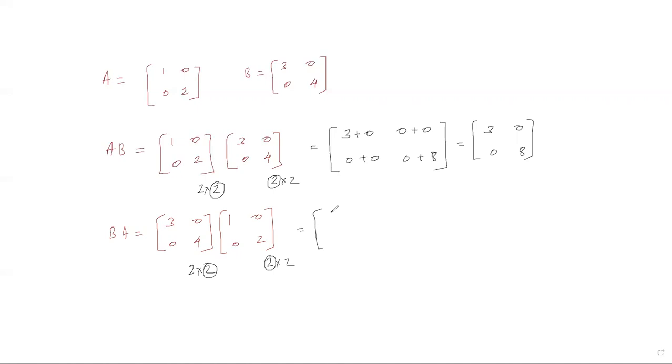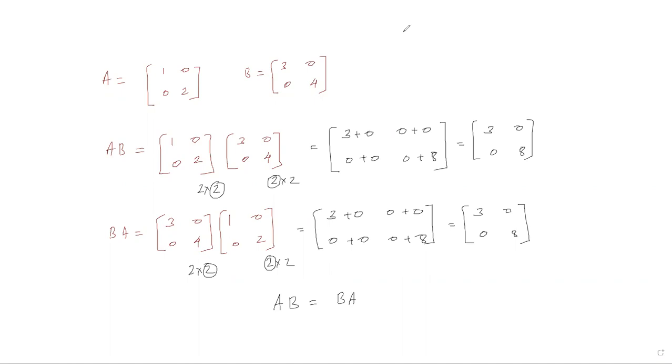First row into first column: 3 into 1 is 3, plus 0 into 0 is 0. First row into second column: 3 into 0 is 0, plus 0 into 2 is 0. Second row into first column: 0 into 1 is 0, plus 4 into 0 is 0. Second row into second column: 0 into 0 is 0, plus 4 into 2 is 8. So 3 0 0 8. Here you can see that your AB and BA are equal. Got it?